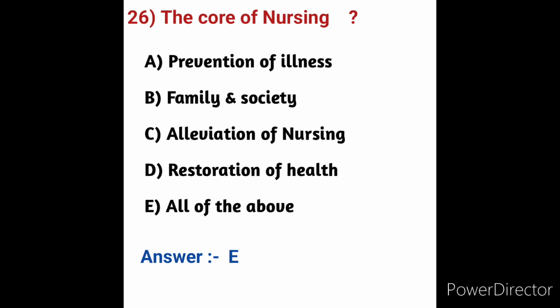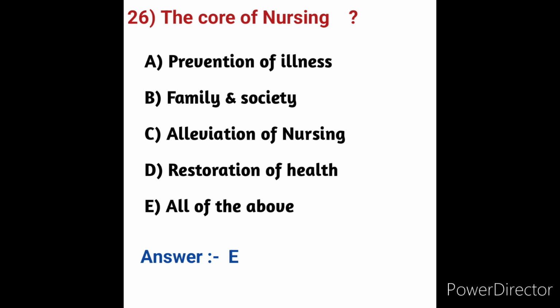Here, all of the above is the correct answer: prevention of illness, family and society, alleviation of nursing care, restoration of health, and also social justice. These all things we have to apply in clinical practice. Here, core of the nursing is option E. All of the above is the correct answer.